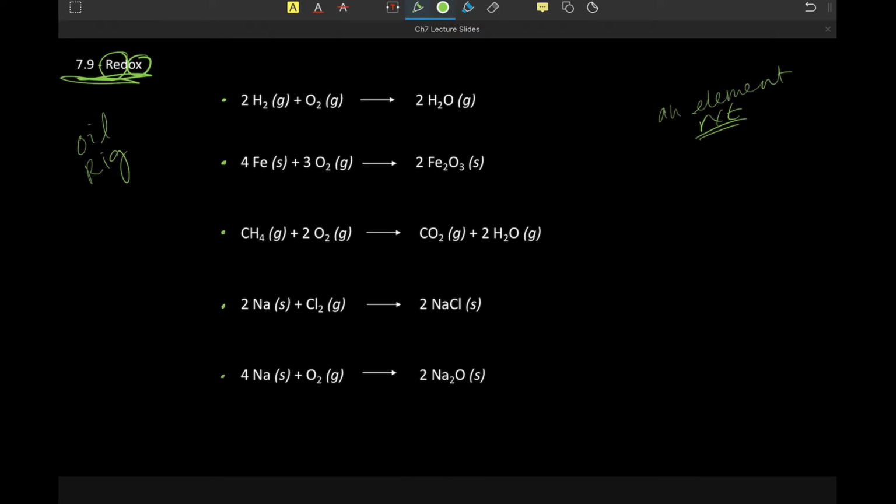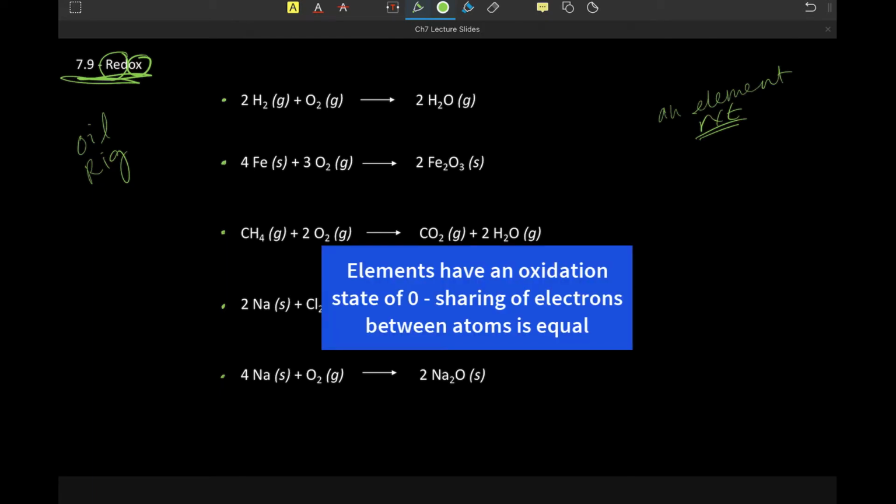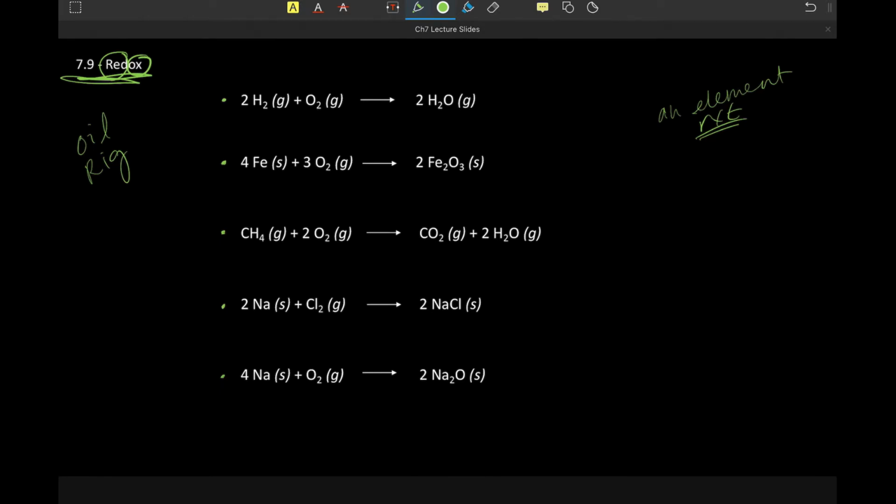We're not going to assign oxidation states formally, but if something is an element, that means it's in its natural state. When we talk about oxidation states, what we mean is the sharing of electrons: are they sharing equally or unequally? If something's an element, it is sharing in whatever is the natural way for it to share as an atom.